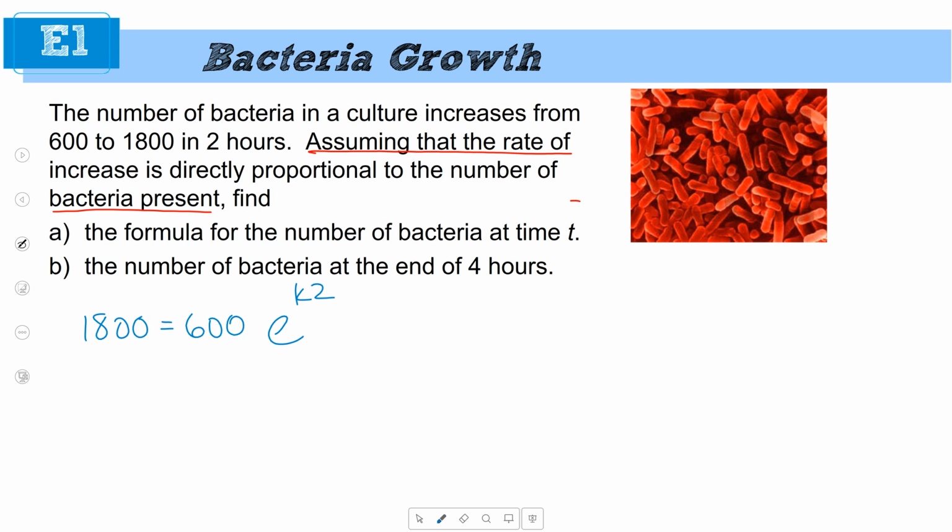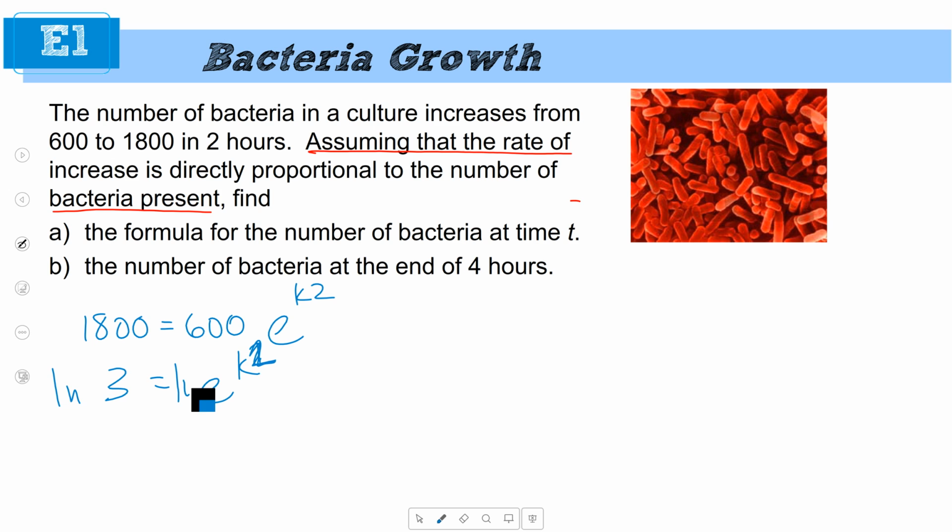Now, important step. You might want to do the natural log trick, which we're going to do in a second. But before you do the natural log trick, you have to be sure to isolate the exponential term first. In other words, divide both sides by 600. Whoops. e to the 2k.